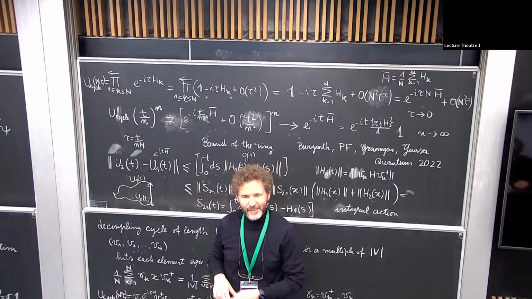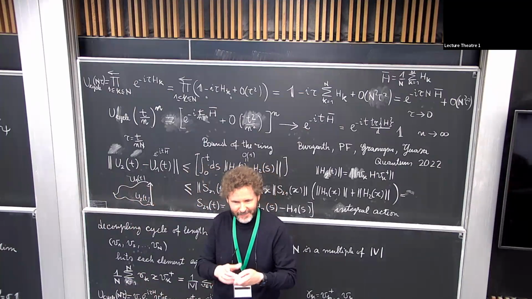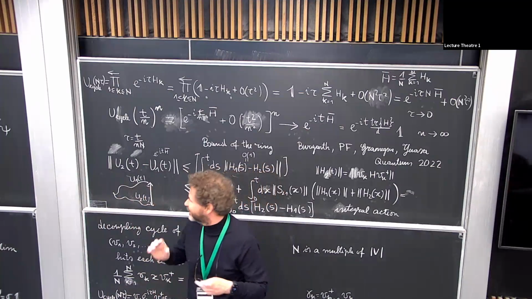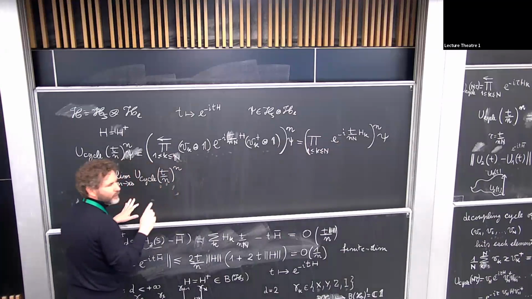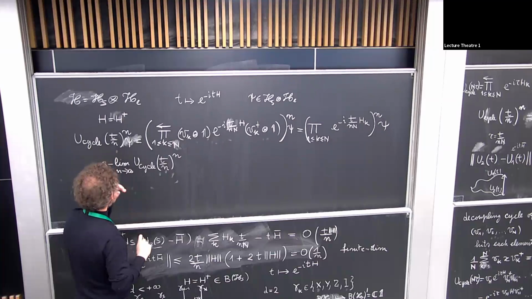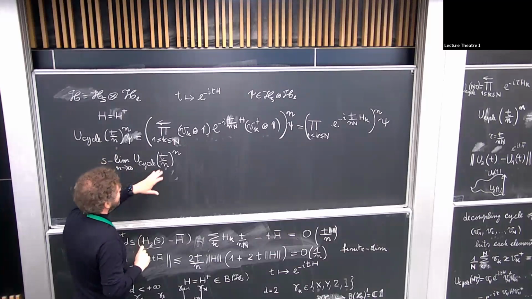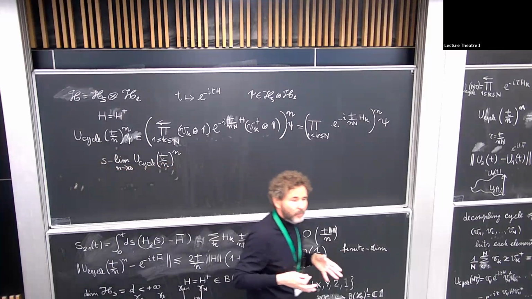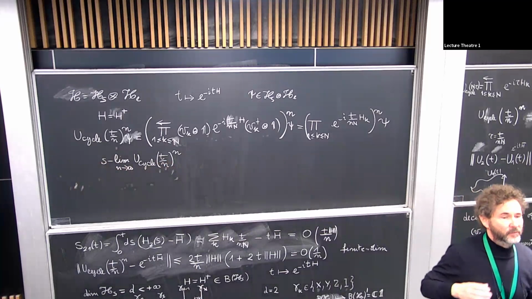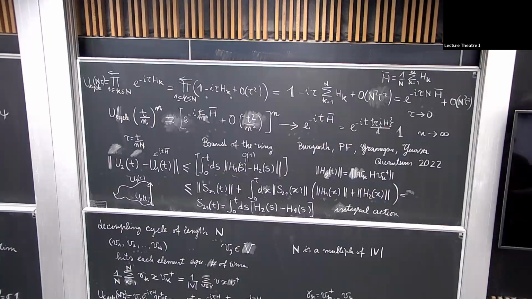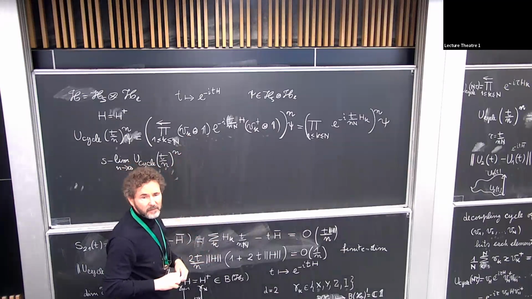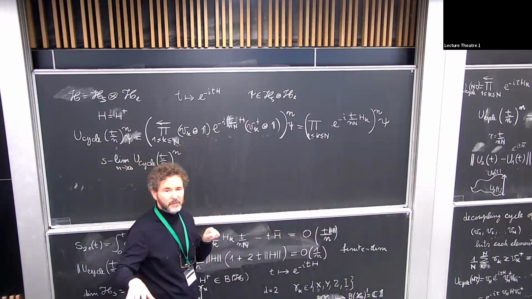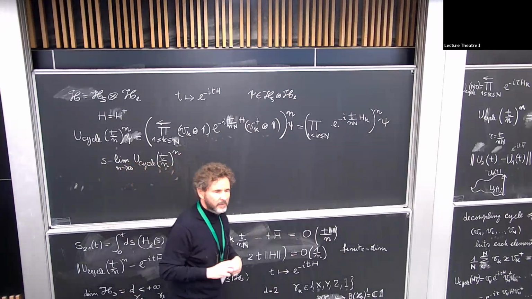Alexander is going to talk about this, so let me say just something very general, because I don't want to spoil his talk. It's physically reasonable that the limit should depend on the state. For example, you can take a factorized state, choosing the state of the environment, for example, a thermal state.